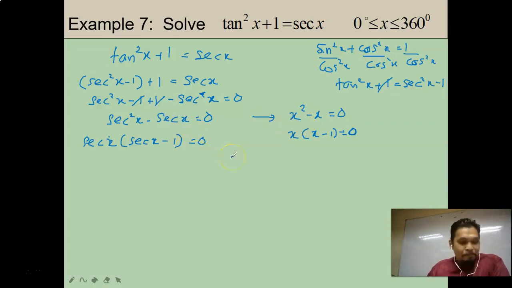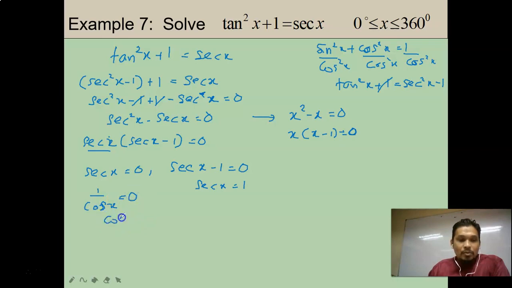So first is secant x equal to 0, and next is secant x minus 1 equal to 0, then secant x equal to 1. Secant is 1 over cos. So 1 over cos x equal to 0, or cos x equal to 0.